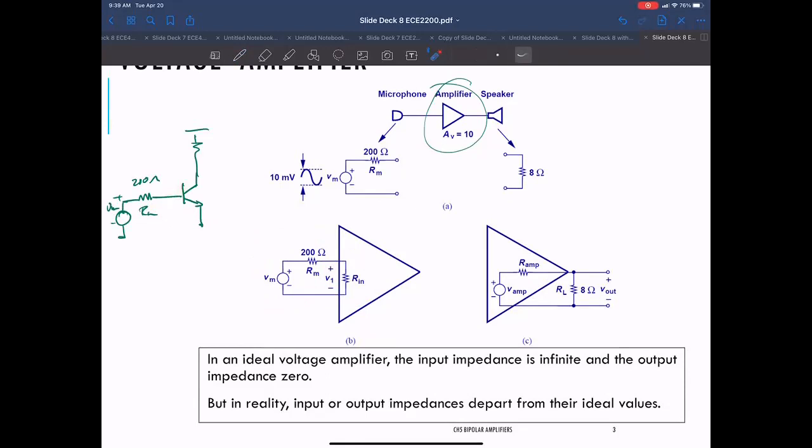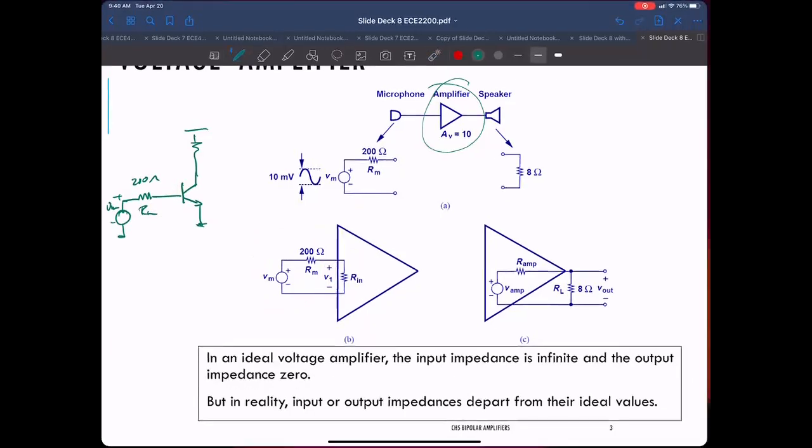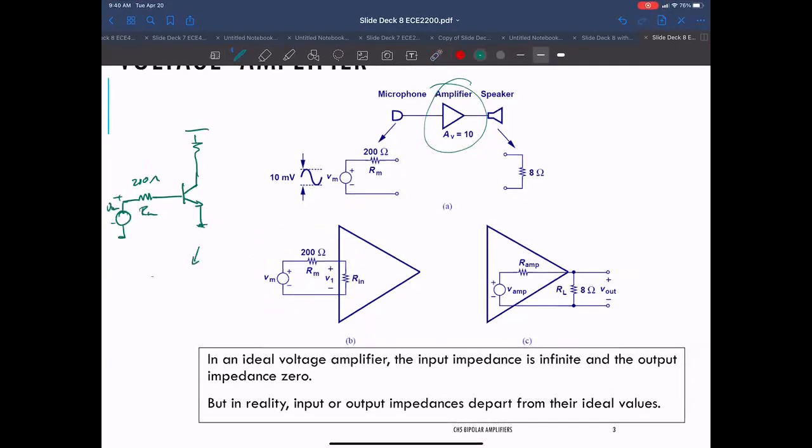As a spoiler, if you remember in the small signal model, there's this input resistor R sub pi at the input of our amplifier. So we really just care about this essentially.